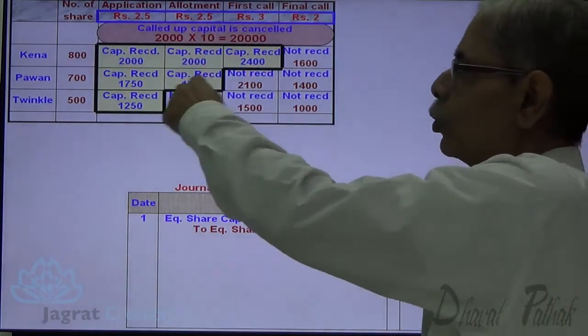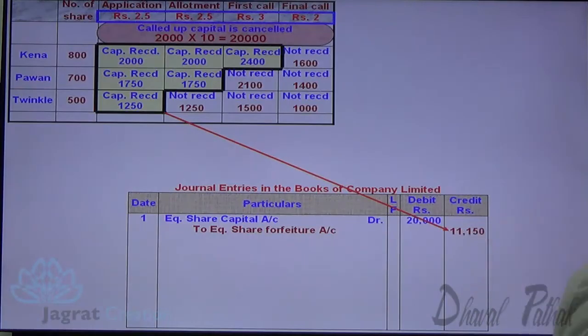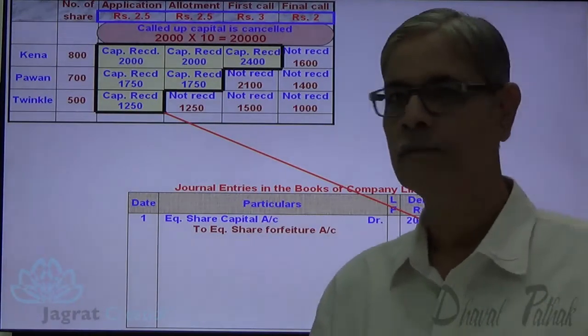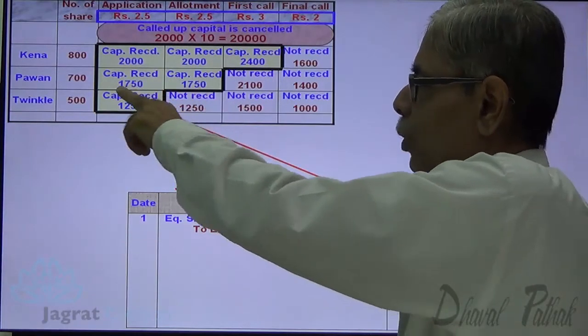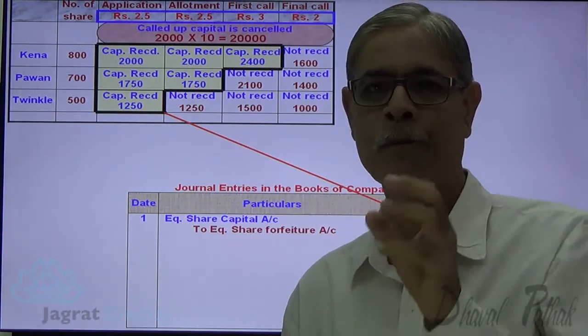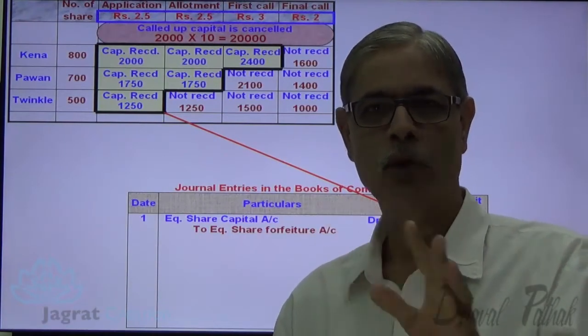So if you make a total of this capital received, that works out to be 11,150. So share forfeiture account is credited with this 2,000 plus 2,000 plus 2,400 plus 1,750 plus 1,750 plus 1,250. That is the capital that has been received on shares forfeited.